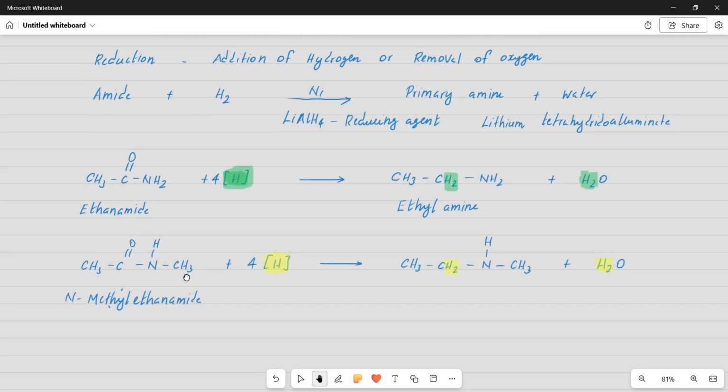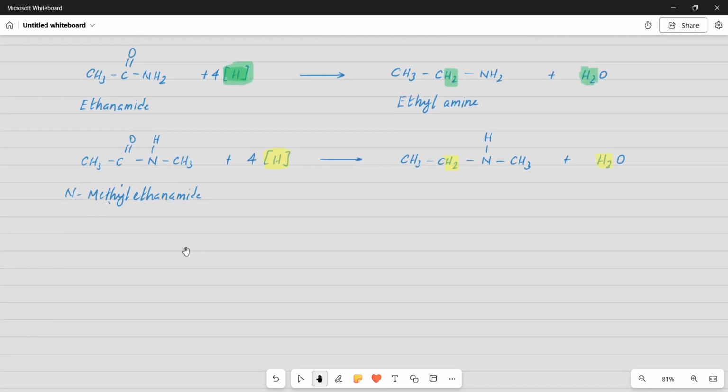The next one is about reduction of nitriles. Nitriles, I told you, have a structure like this, C triple bond N. I can use hydrogen in presence of nickel, which is a catalyst.